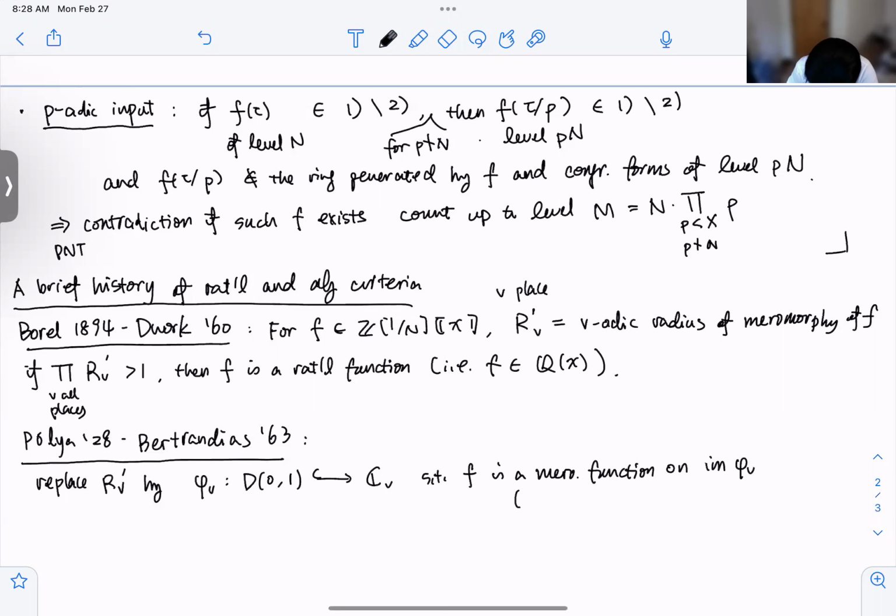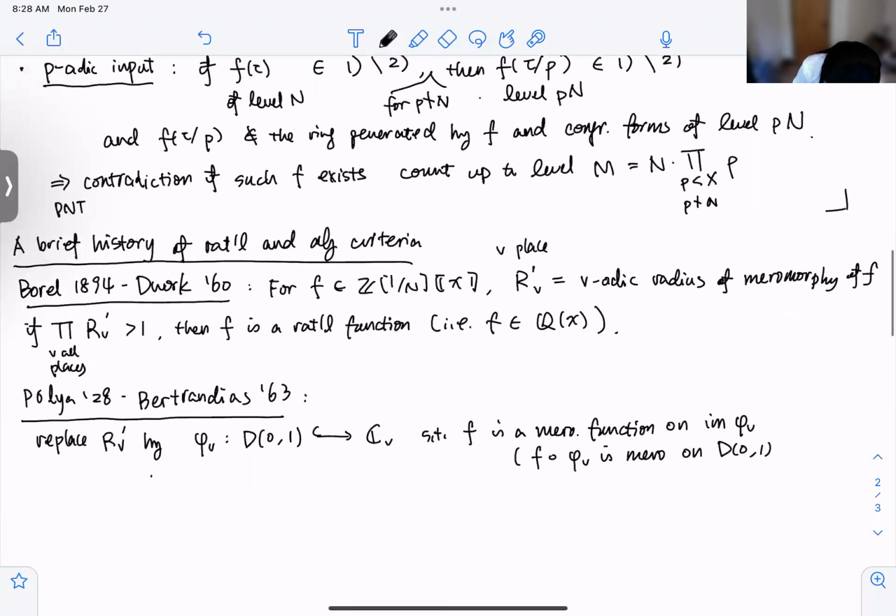In other words, F composed with phi_v is meromorphic on D(0,1). And then we replace R_v by the absolute value of the derivative at 0.